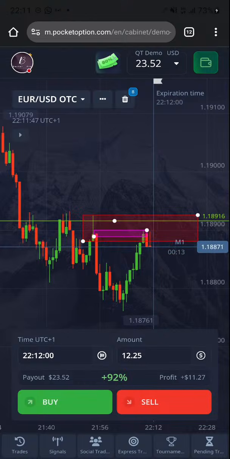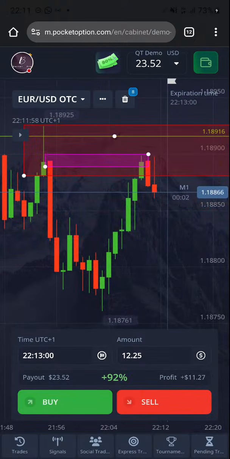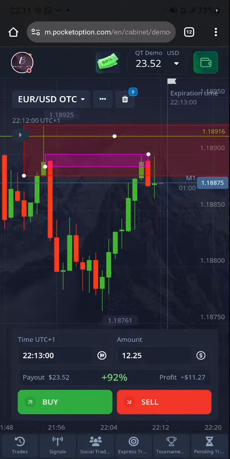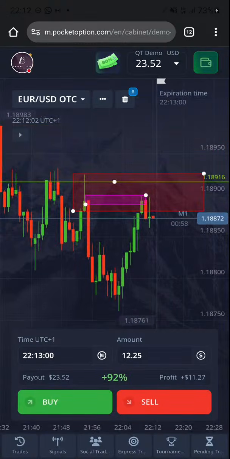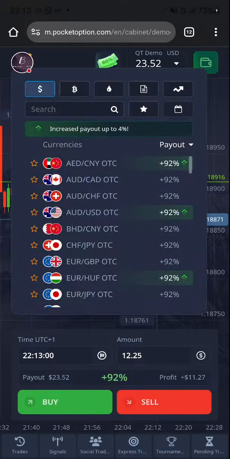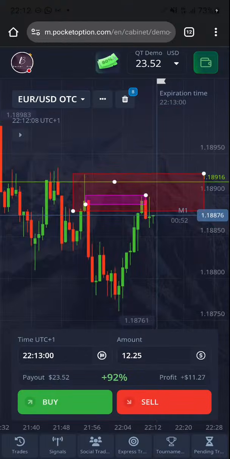You can have up to like 7 reasons to take one trade. You understand? But you need at least 3. You understand? If you're able to find 3 good reasons to take your trade, take it. Yeah, you understand? But if you are combining reasons and those reasons are not up to 3, what you can do is you can reduce the amount.